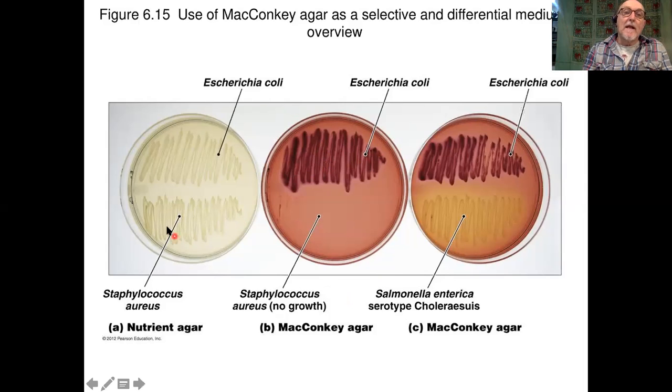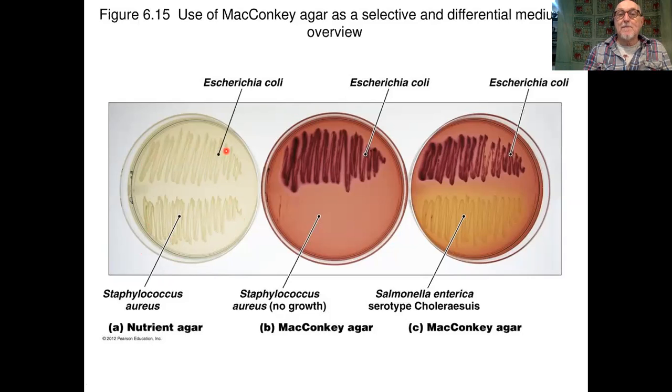So first of all, let's just grow our experimental bacteria here on ordinary agar. This is nutrient agar. So here's E. coli, and E. coli grows perfectly well. Here's Staphylococcus aureus. Staphylococcus aureus is a gram-positive coccus.